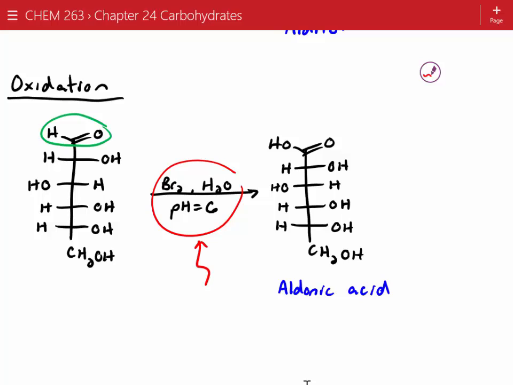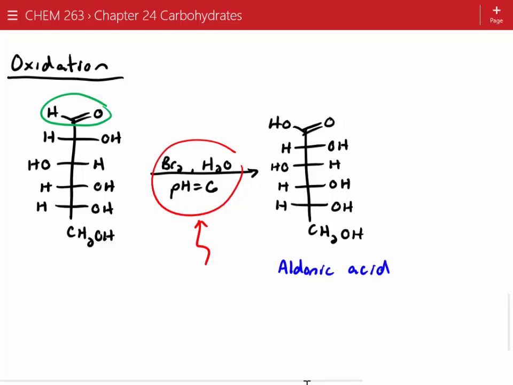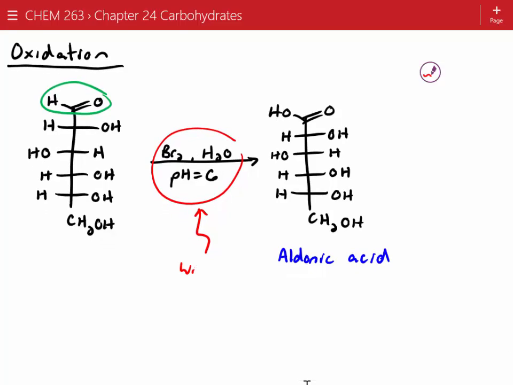We don't want to touch the other alcohol groups. If we change the pH too low, it'll start oxidizing a bunch of other stuff in this molecule, which is actually what our next reaction is.